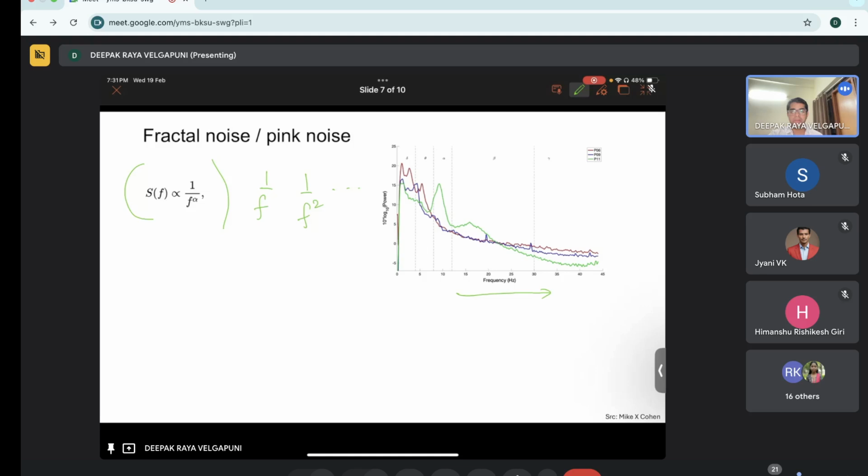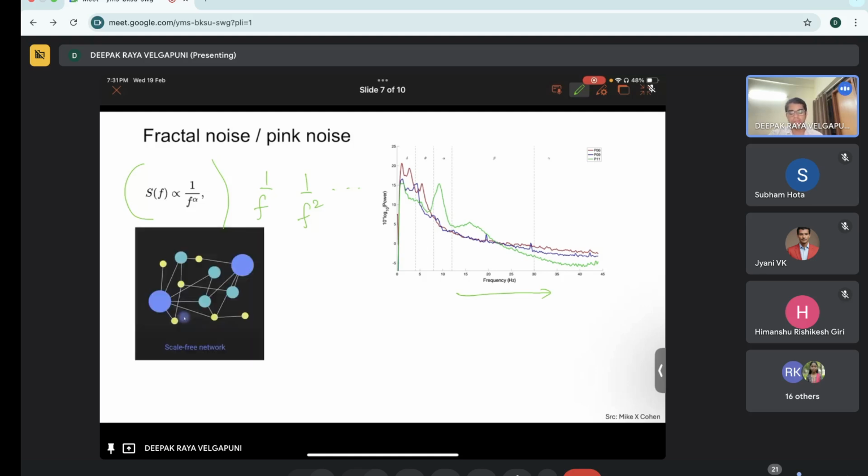So why this happens, we'll take a small toy example. This noise also happens because of a phenomenon called scale free network or scale free dynamics. In general, if you take this kind of a network structure with nodes, the large nodes are very few, but small nodes are many.